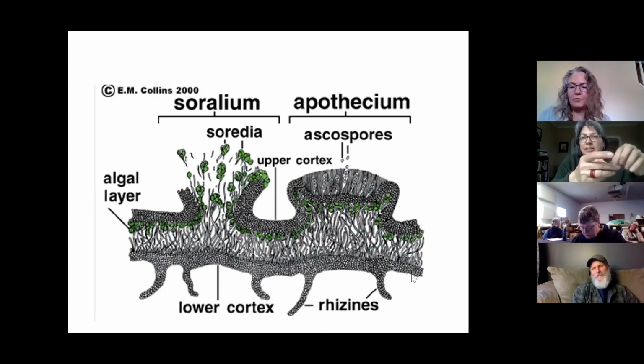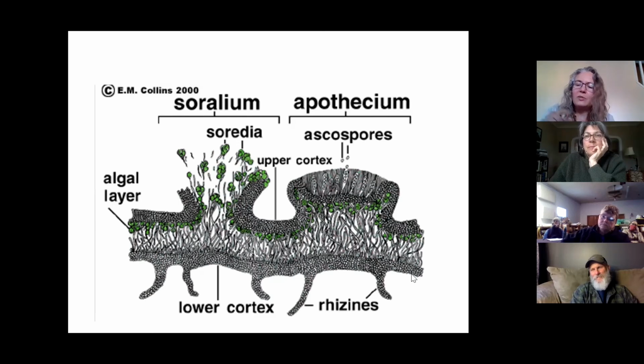The one where there was the thing that looked like Sticta and the thing that looked like Dendriscocaulon, being the same fungus, that's what caused a big knockdown, drag-out fight in the field of nomenclature. Because when people had been naming the lichen, they were naming the association.